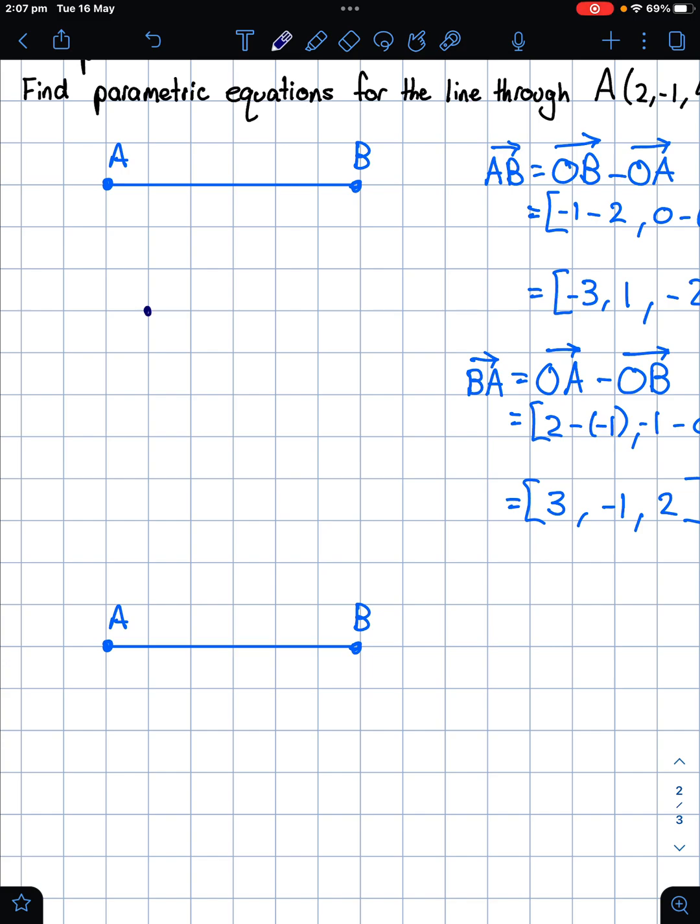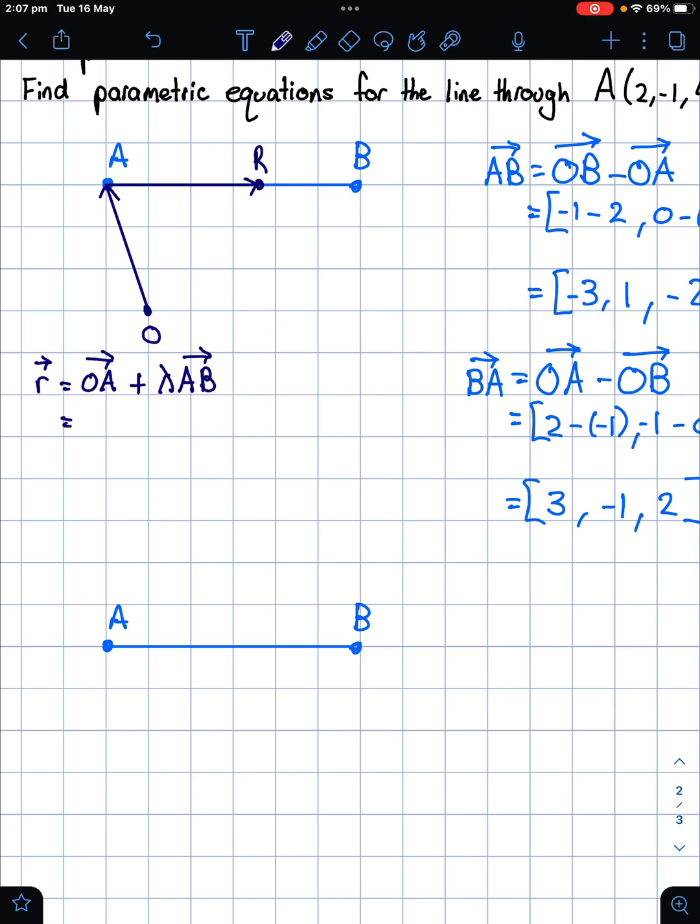We're going to do our origin here, and we're going to go O to A, and then A to B. Okay, and this is going to give us the point R on this line. So we would have here R equals OA plus lambda A to B, some variation of this.